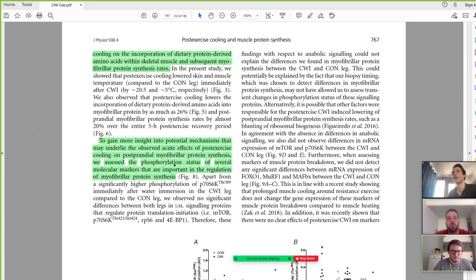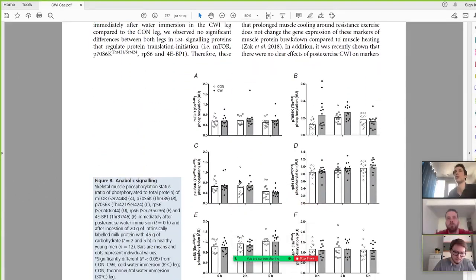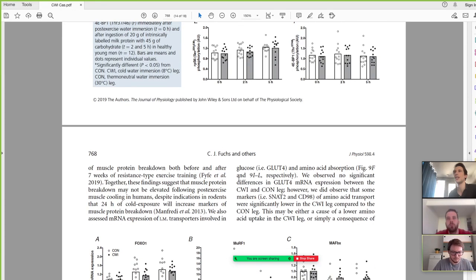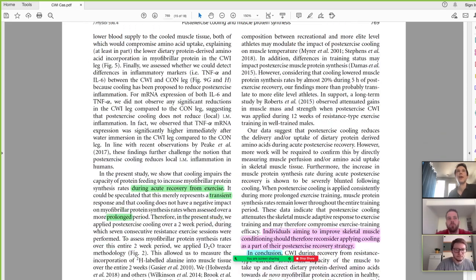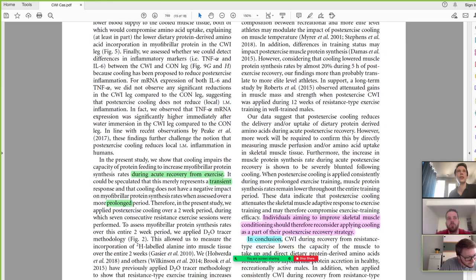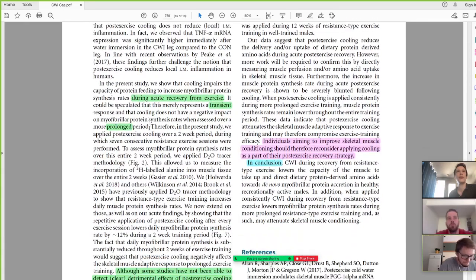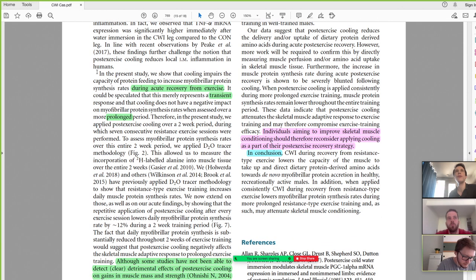Then same trick for the anabolic signaling. This is what we found, and this is how it compares to previous studies. So that's how any discussion should start. A little bit of summary, then present your findings and discuss whether or not they are in line with each other and previous research. But then after that results section, some different type of paragraphs start appearing.